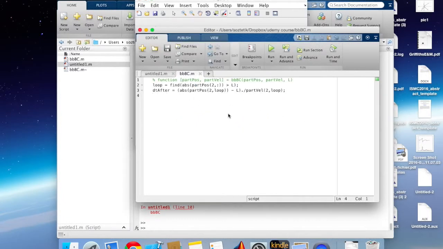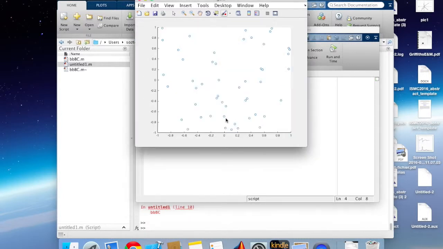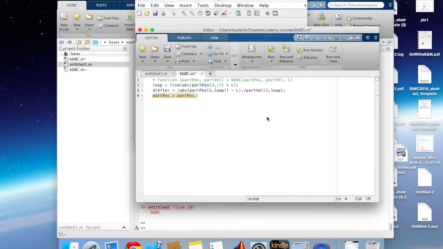Well, after finding the time, what we do is we move these particles back to the boundary. Particles minus delta t after times particle velocity. Well, let's not get confused here.